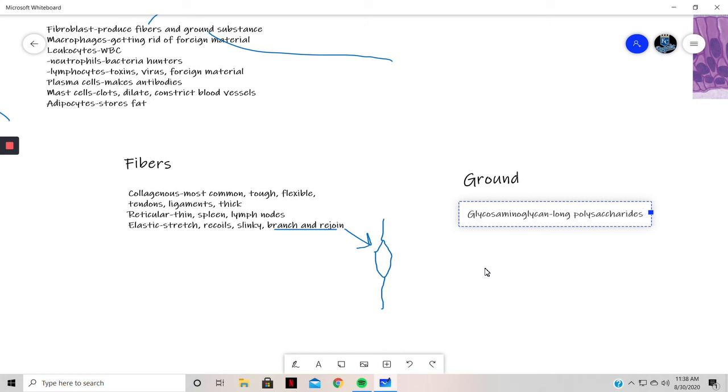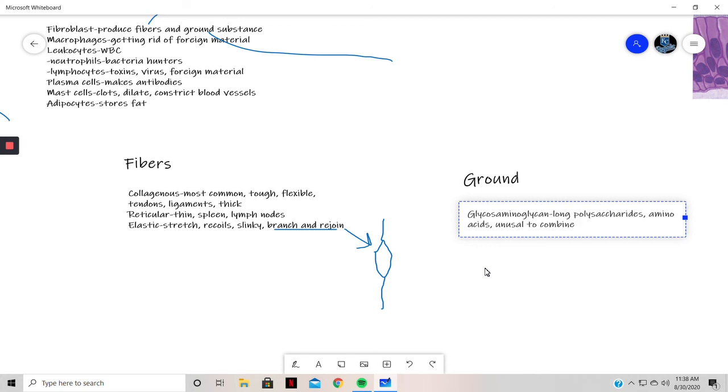So that tells you it's a sugar. But they also have amino acids involved, and that's where you get that amino within the name. So you've got sugars and amino acids kind of in the same molecule, and that's unusual. Unusual to combine those two.